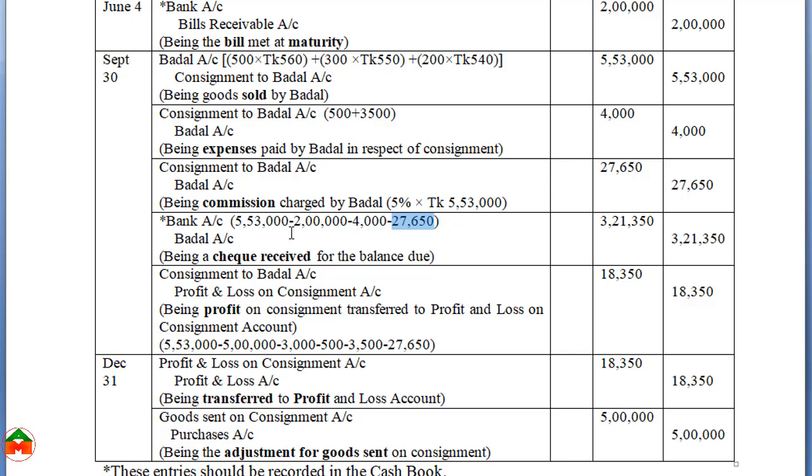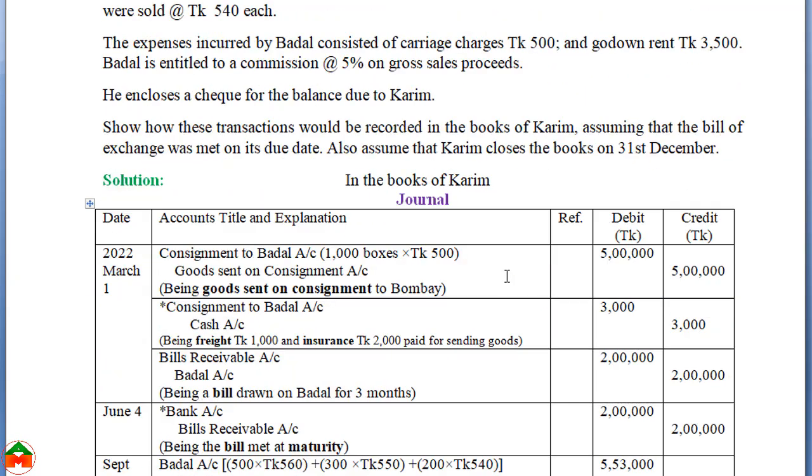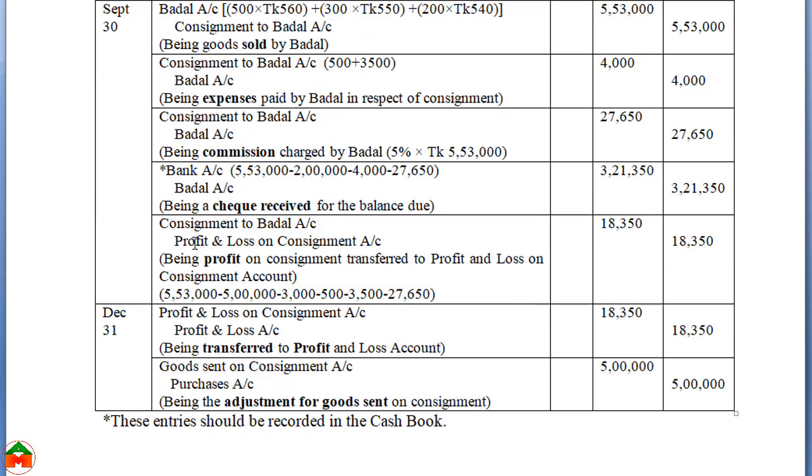By deducting the initial amount that was paid, the expenses and the commission, the net amount is 3,21,350, that is paid by Badal, I mean the consignee. That's why, since we are making the journal entries in the books of the consignor, the consignor will record it as bank account debit and Badal account credit.